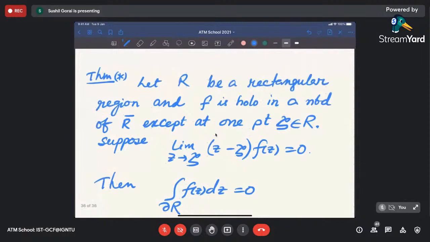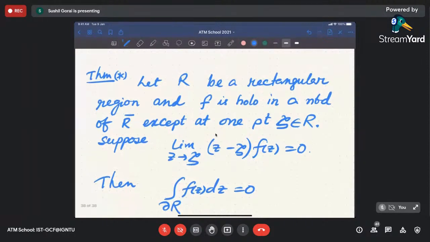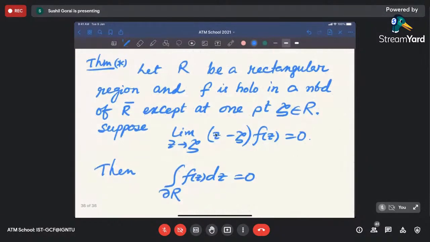So you see, we actually removed the assumption of holomorphicity at one point. You can do it for finitely many points also. All right, is this statement clear? But we had to incorporate this one with a limit. And this limit perhaps you will see later as well.